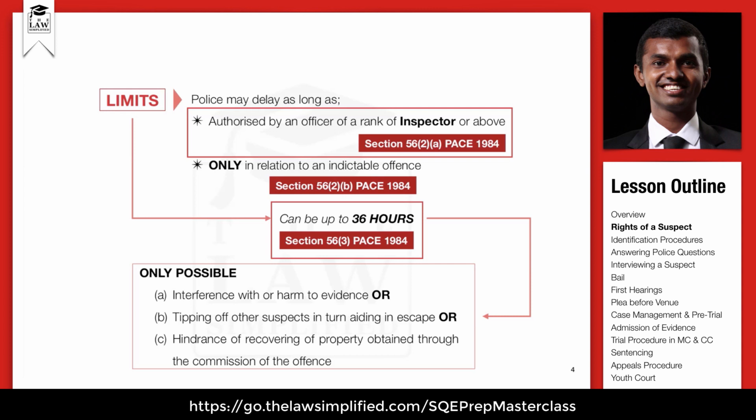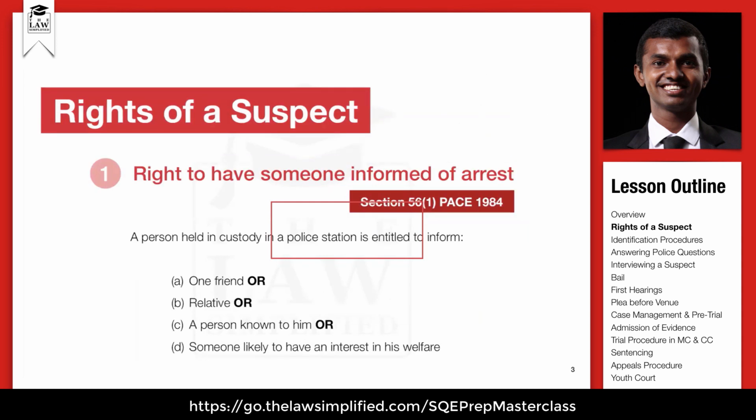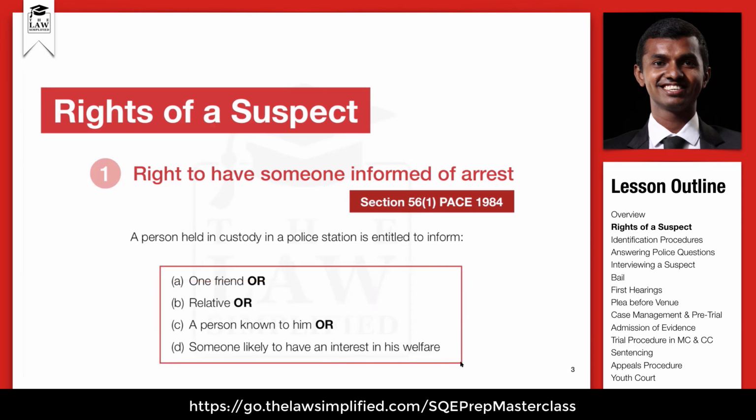This phone call, the information that is being given, is by and large limited to this group. There is a reason for this. So I mentioned certain people: a friend, relative, person known to him.